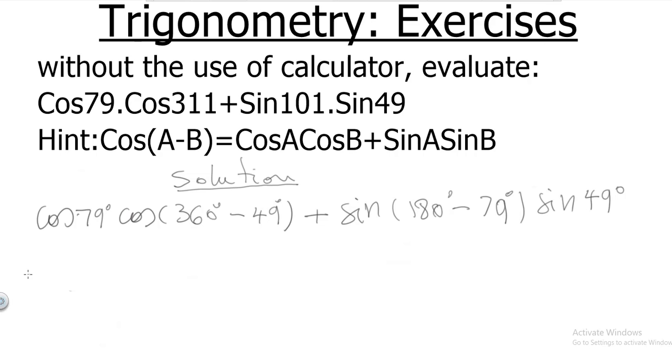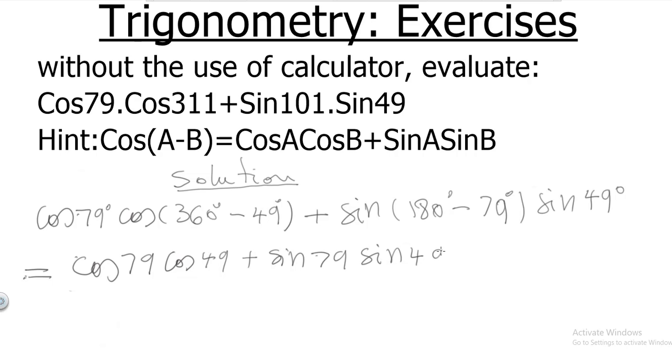So this will give us cos 79. Cos in the fourth quadrant is still positive, and sine in the second quadrant is positive, so we have cos 79 plus sine 79, and then we have sine 49.